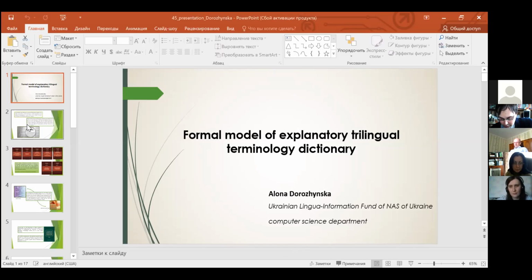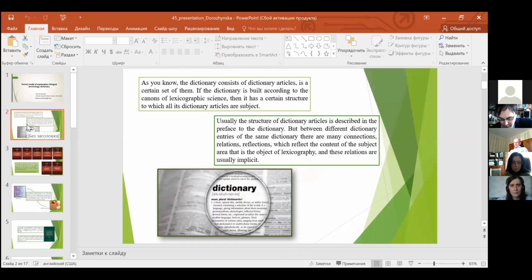As you know, the dictionary consists of dictionary articles; it is a certain set of them. If the dictionary is built according to the canons of lexicographic science, then it has a certain structure to which all its dictionary articles are subject.